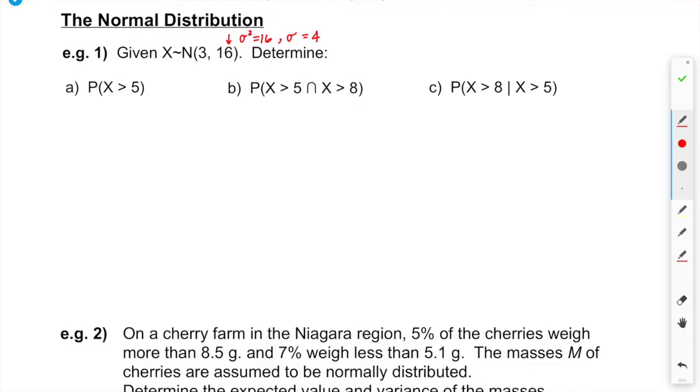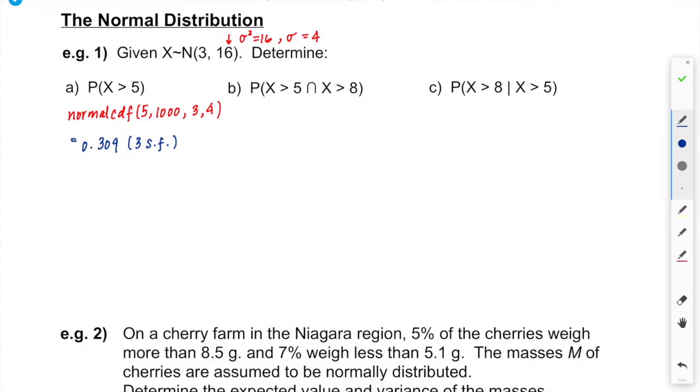When I calculate p of x greater than 5, I will be using normal CDF. On a calculator, I'm looking at greater than, so starting from 5 as a lower bound to a really large number, 1000 should do. And then you type in the mean, you type in the standard deviation of 4. And this works out to 0.309 if you round it to 3 significant figures.